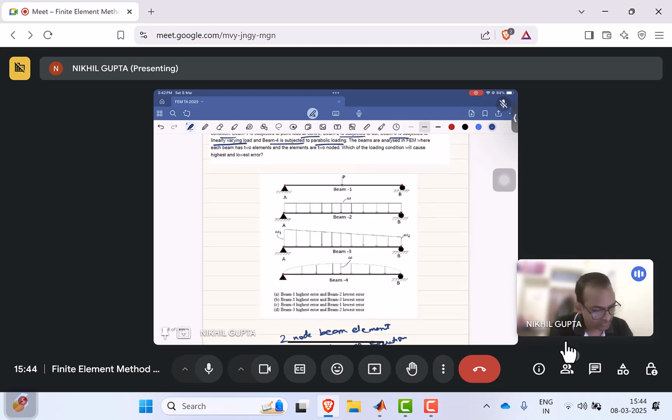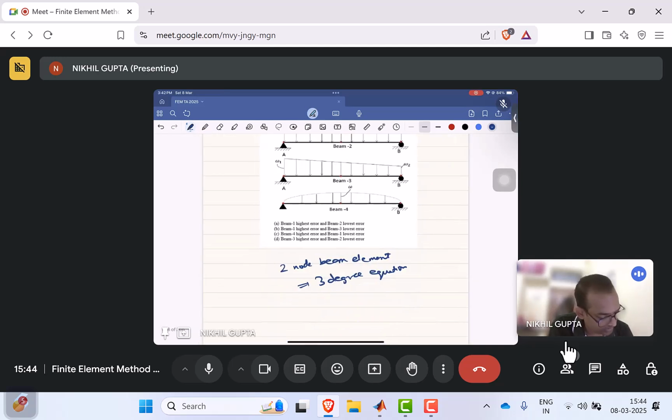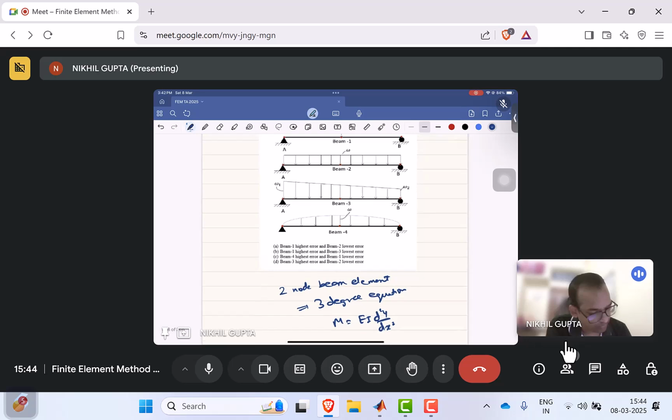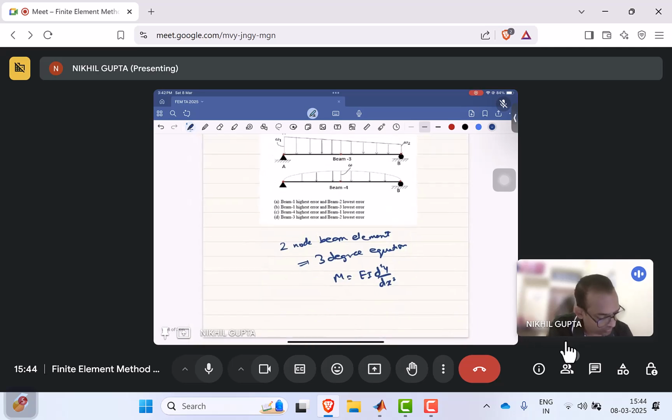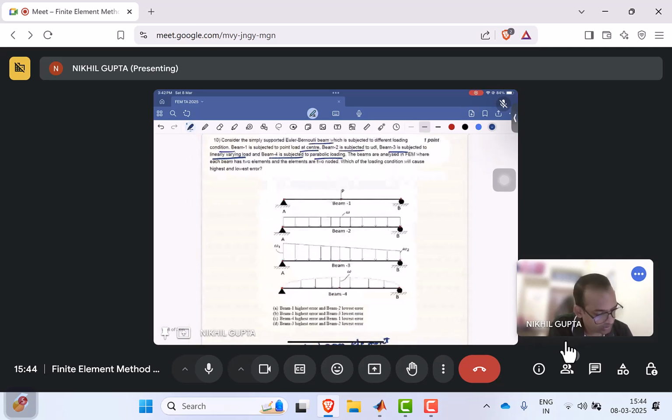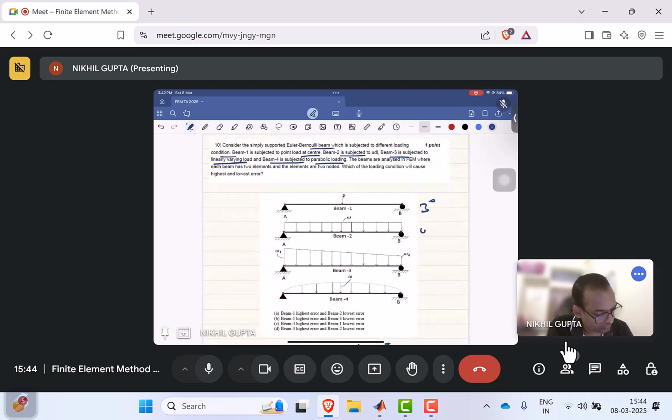So for this case, we know that M is equal to EI d2y by dx square. So for this, moment will be linear. So for linear moment, we will get a 3 degree, 4 degree, 5 degree, 6 degree. So here moment is 1 degree, 2 degree, 3 degree, 4 degree.